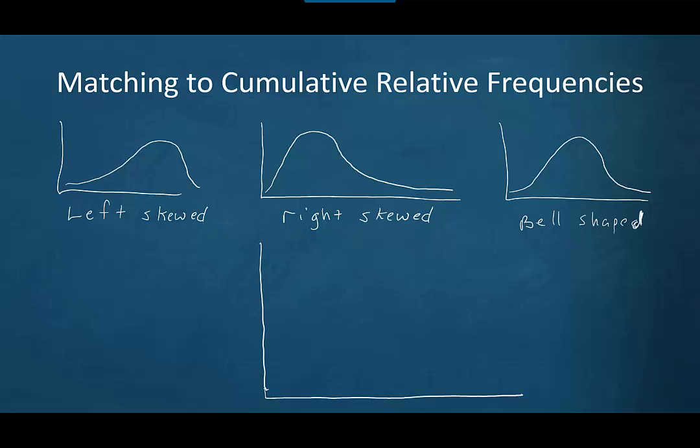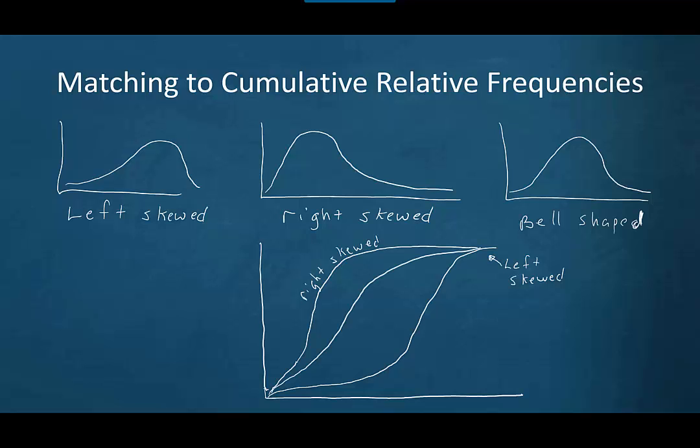So its cumulative frequency plot will rise slowly at first and then get steeper. Similar reasoning holds for the right skewed data. It will start off steep and then rise slowly. You can see that the bell-shaped curve is relatively symmetric with regard to steepness on both ends. This is the bell-shaped curve here in the middle.